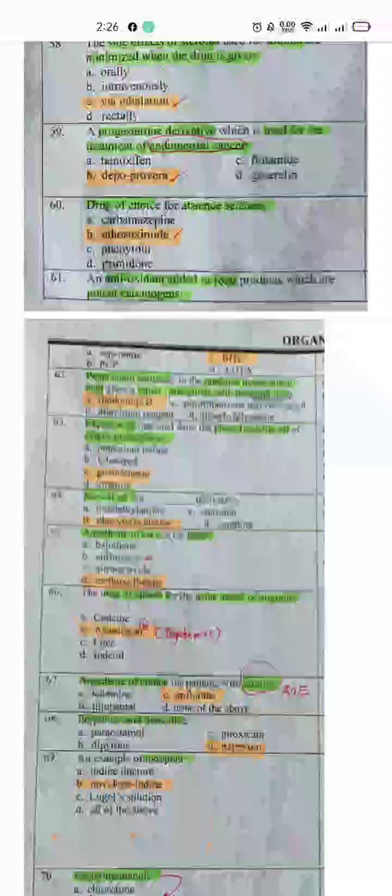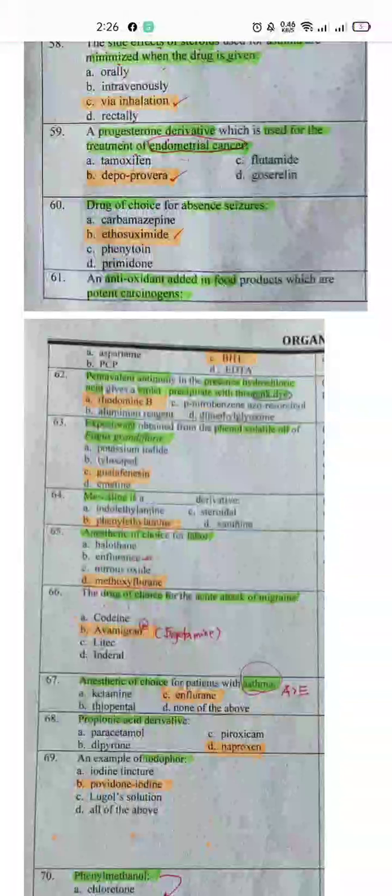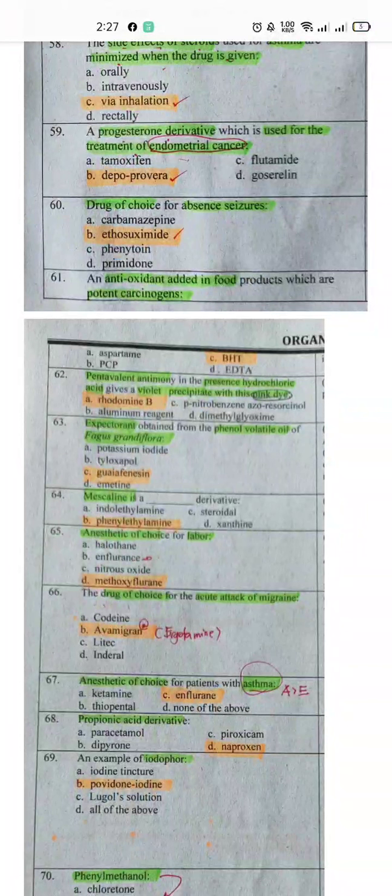Okay. Prolonged administration is associated with metabolic release of fluoride, which is toxic to the kidneys. So, methoxyflurane is used outside of obstetrics practice. Okay. So, that is the choice for labor.